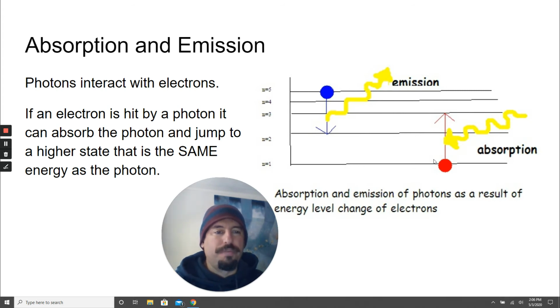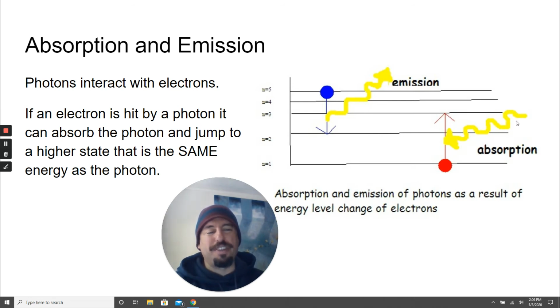So for example, let me make up some numbers here. Let's say this one is at negative 10, and this is at negative 5, this part right here at the top of the arrow. If this photon had 5 electron volts, it would cause it to jump from the 10 up to the 5.